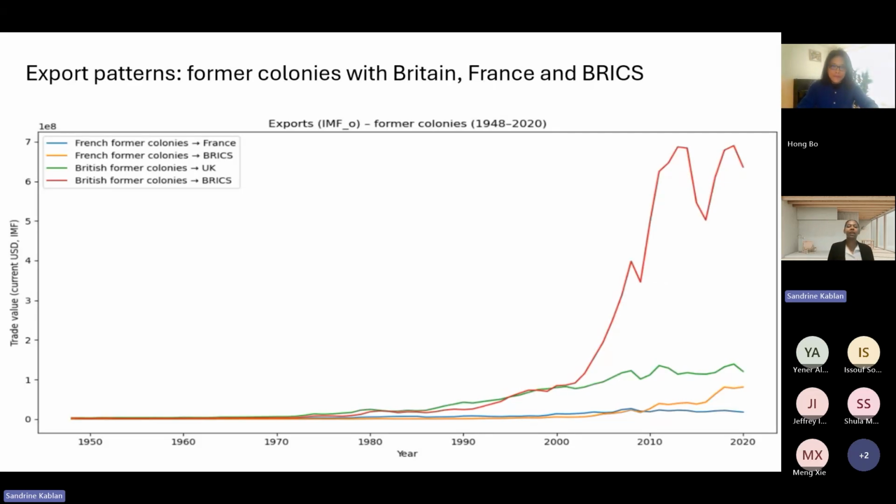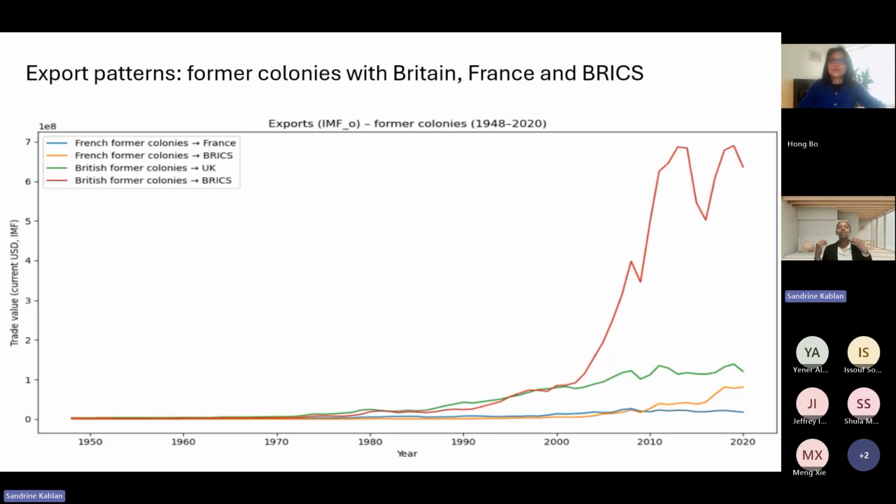These graphs present export patterns and import patterns for former colonies with Great Britain, with France, and with BRICS. In blue, the line shows the exports from the French former colonies to France, and the green line presents the exports of British former colonies to the UK.